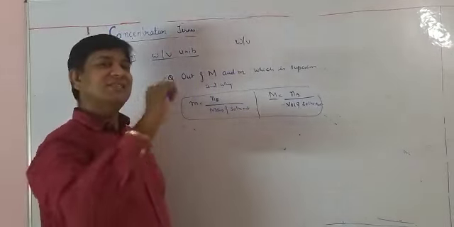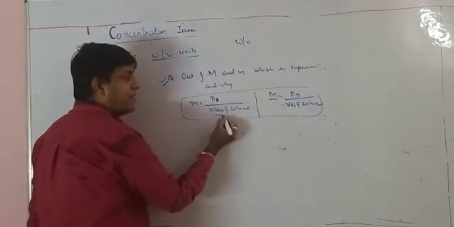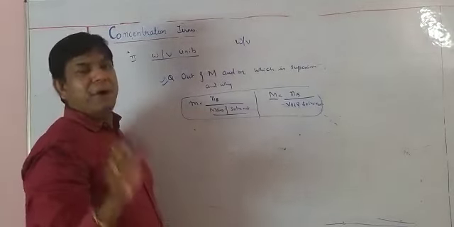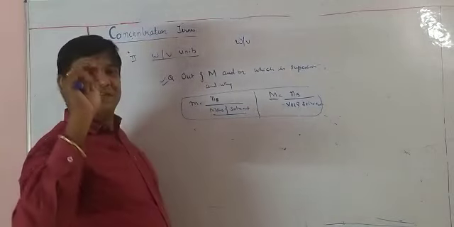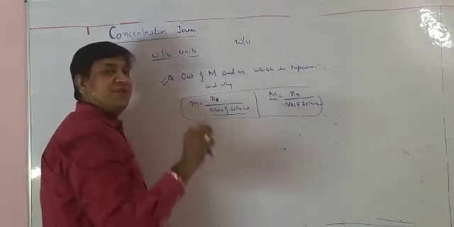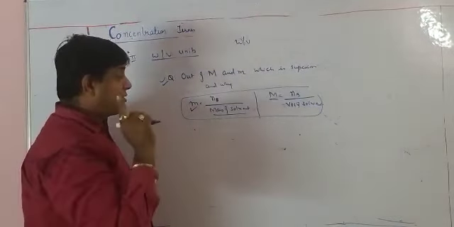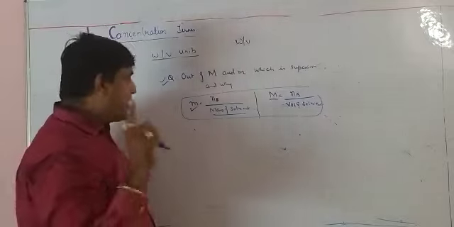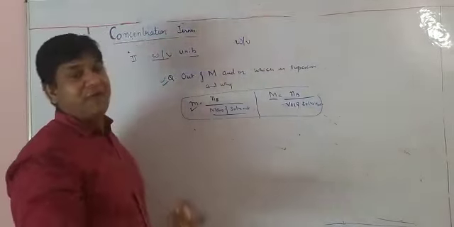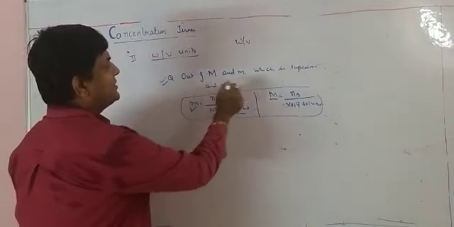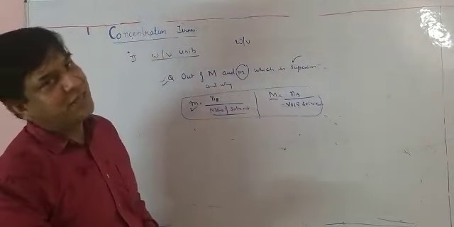That is, on changing the temperature, their value will change. While in this case, see, this is the mass of solvent, and we know mass is independent of temperature. That means if we change the temperature, the mass will never change. Therefore, molality, small m, is independent of temperature. That is, its value remains constant at various temperatures. That's the reason why small m is superior as compared to capital M.